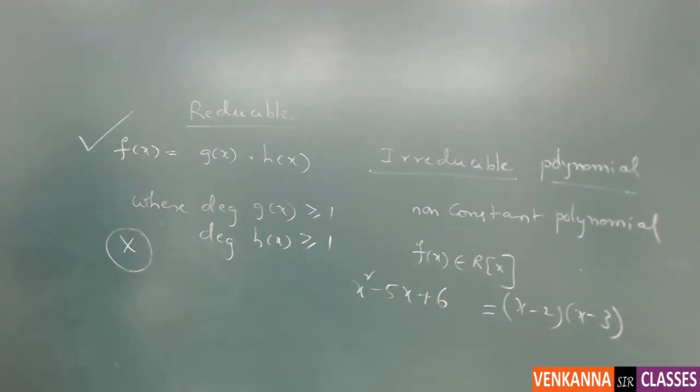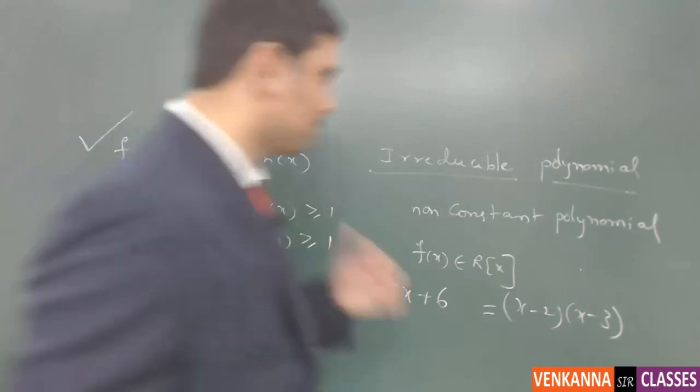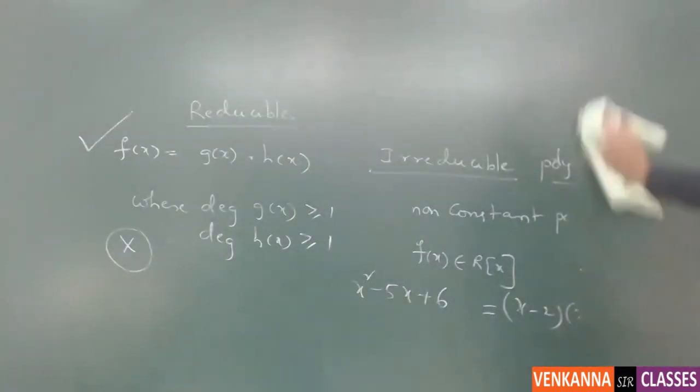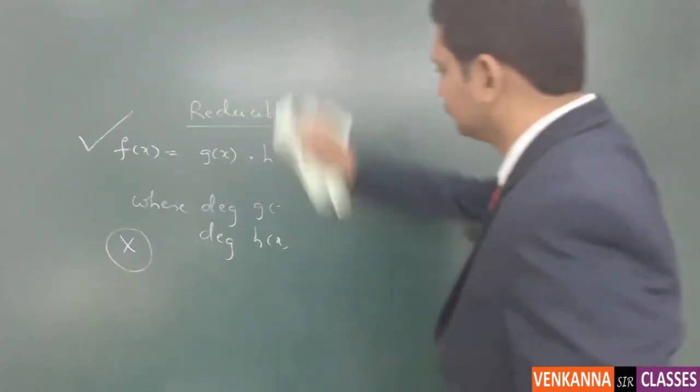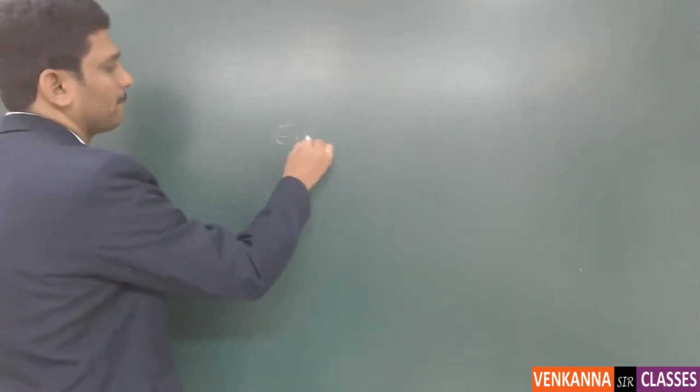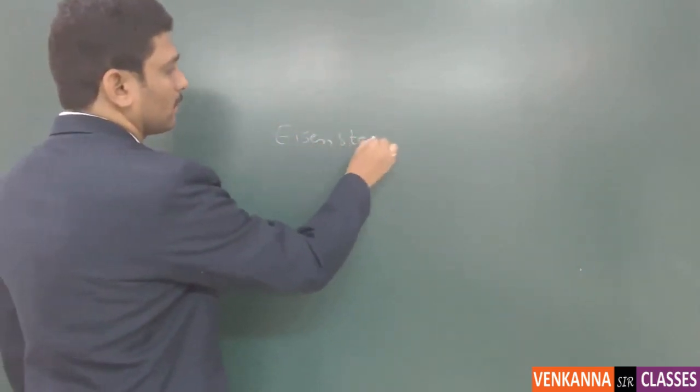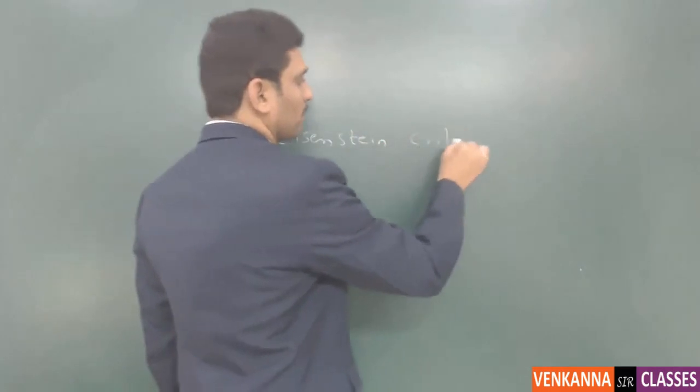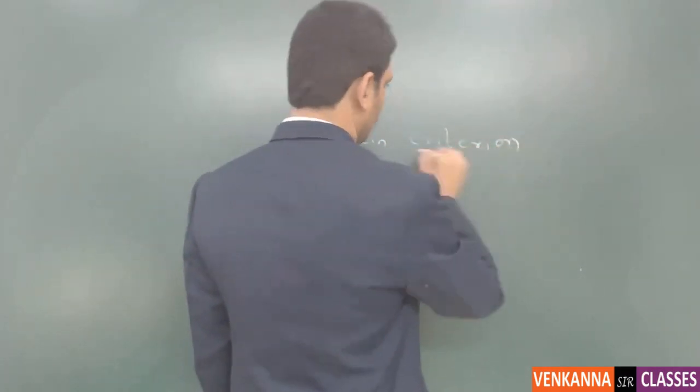So while checking for the irreducibility criteria, there is one good result, the Eisenstein criterion. So what is meant by the Eisenstein criterion?